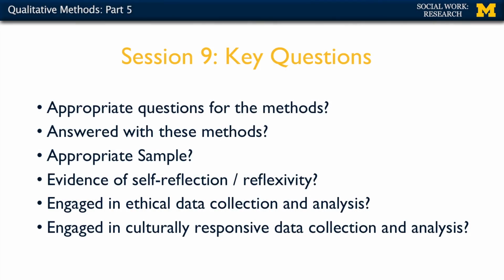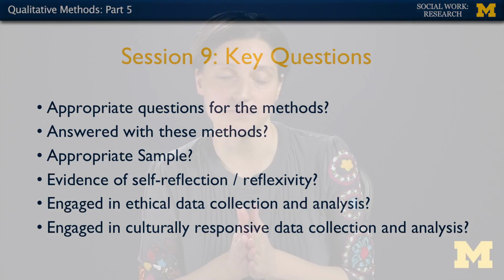So a fifth question that you want to look at is, has the researcher engaged in ethical data collection and analysis? And that's really important with qualitative. It's important with research overall, but with qualitative research, it surfaces especially when you have research that investigates issues that are particularly sensitive.